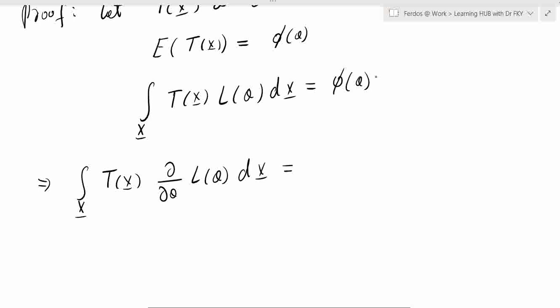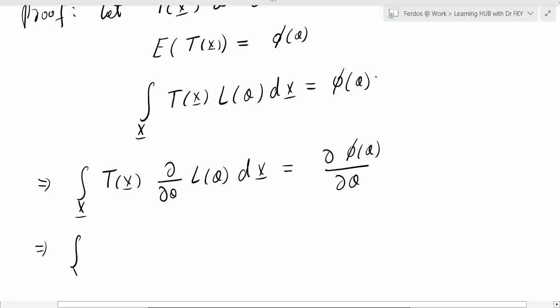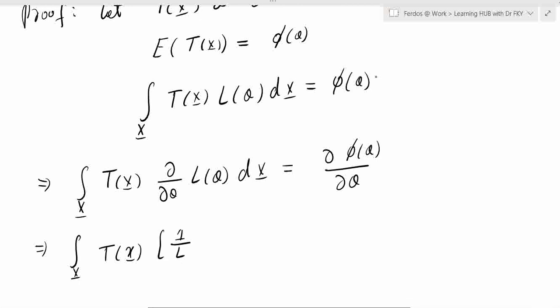dx is equal to, simple step. Now again do the same thing: divide by L and multiply by L. Multiply by L, dx equal to this one.